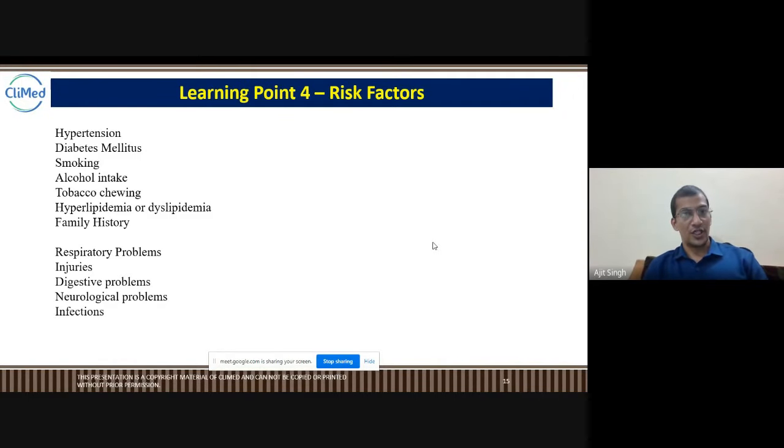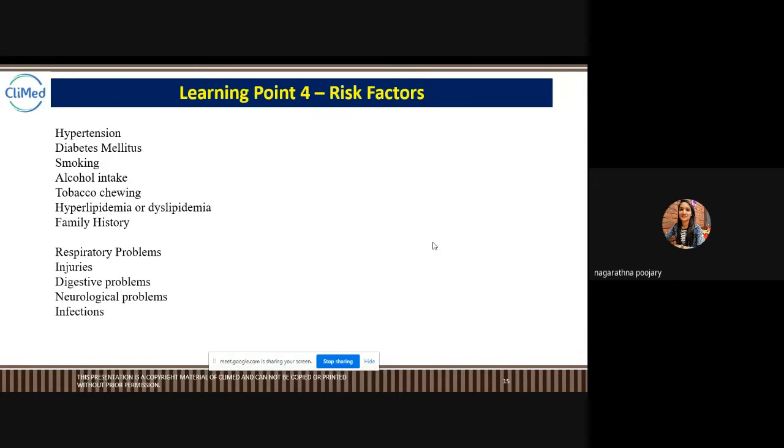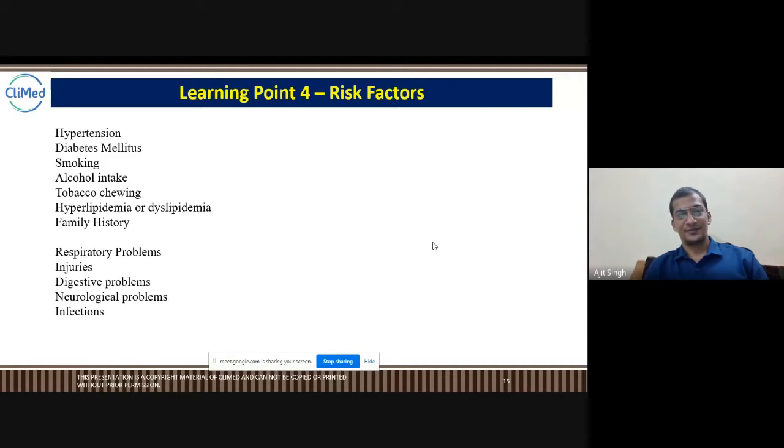Infections: if those are long term, those will cause, what we say it, multi-system organ failure.